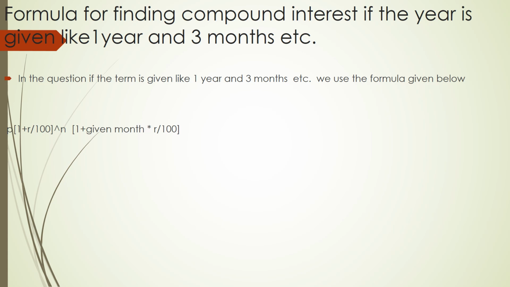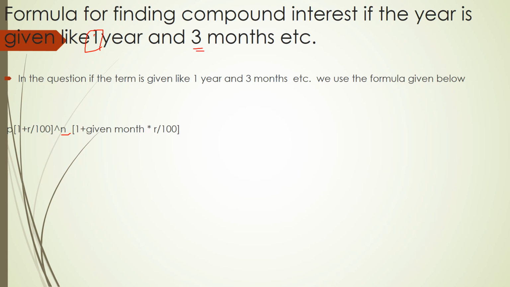First, take the whole one year and substitute it for n, like 1 year. So it will be given like, first the normal compound interest into 1 plus the given month, that is 3 months. What does 3 months mean?